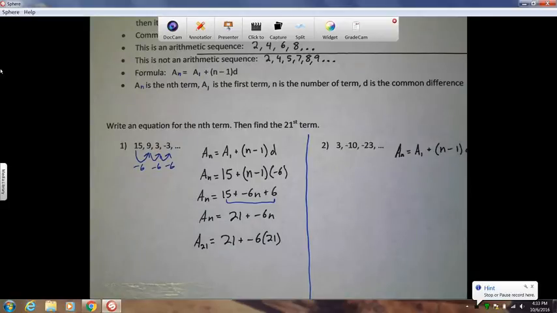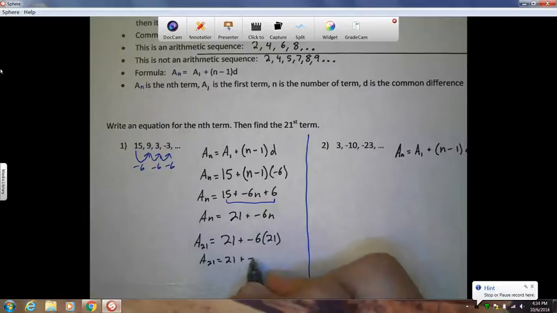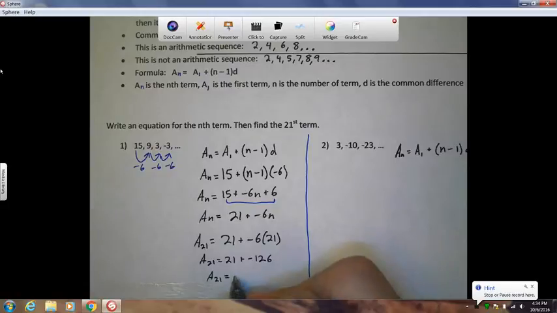Looking for the 21st term, 21. So I multiply it out, it looks like that. And so the 21st term is negative 105.